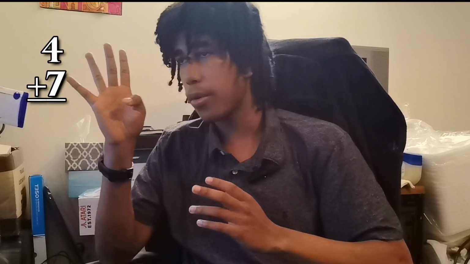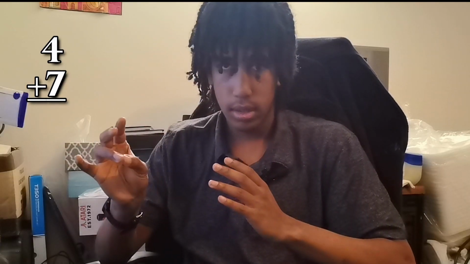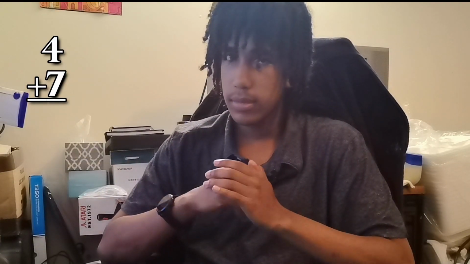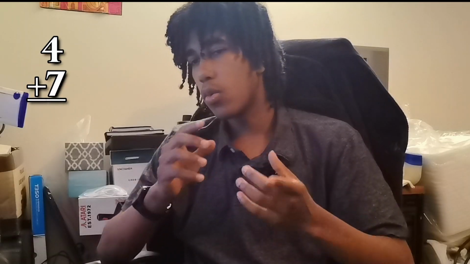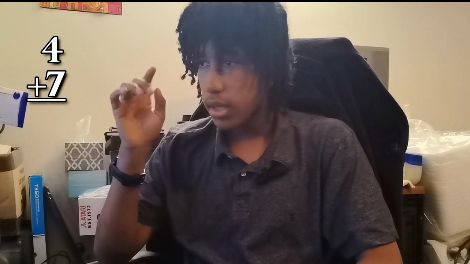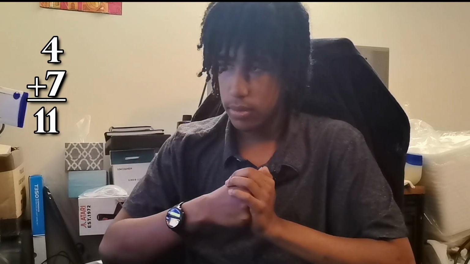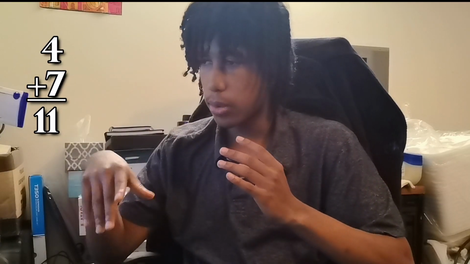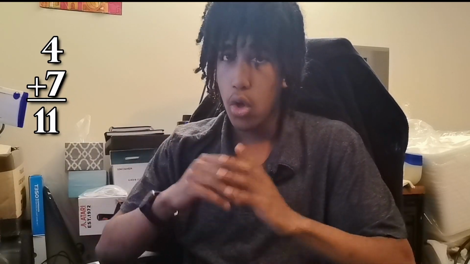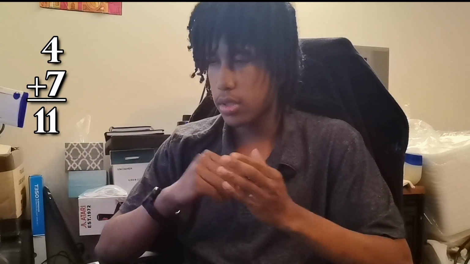But teacher, what happens when you have bigger numbers? Say, I want to take 4 and add 7, doing it like this. Glad you asked. Well, we know that 4 adding 7 is equal to 11, right? But we can't do that here and just throw 11 down, because that would change it later when we have bigger numbers.